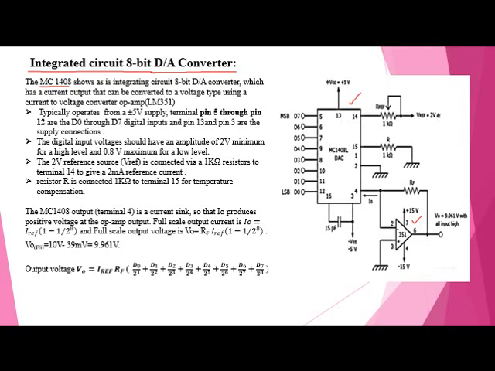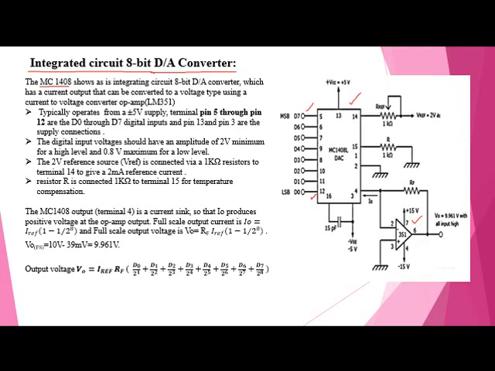Typically the operating supply of this IC is plus or minus 5 volt. Pins number 5 to 12, D0 to D7, are the digital inputs, and pin number 13 and pin number 3 are supply connections.